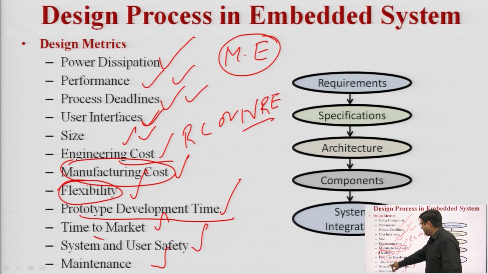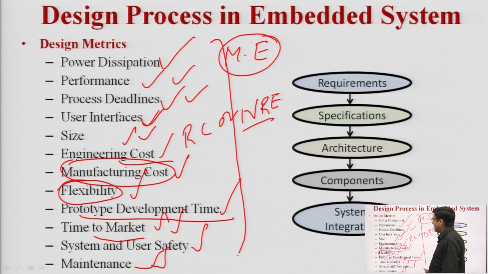Time to launch the final product into the market we also have to take care of. System and user safety: it should have system safety features. The testing phase includes this. Then maintenance time. So all these are the design metrics while designing any embedded system product.